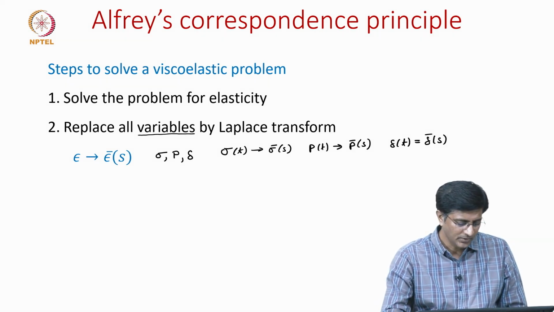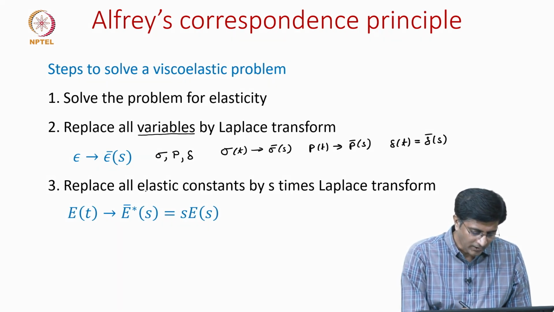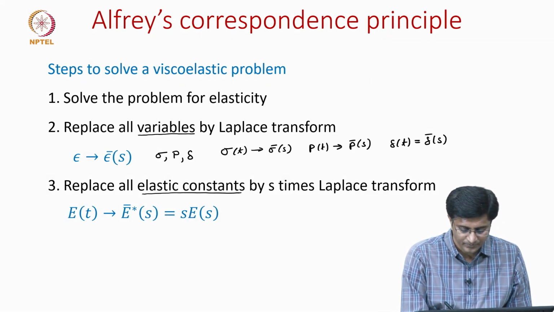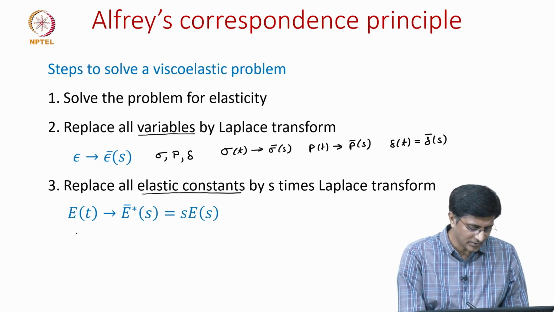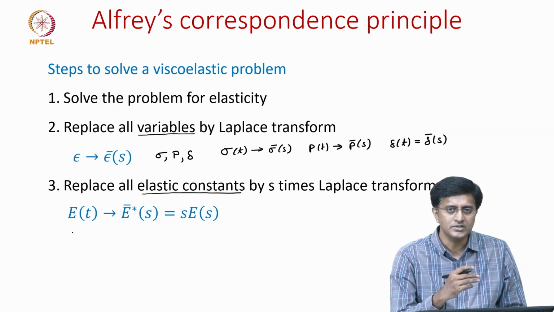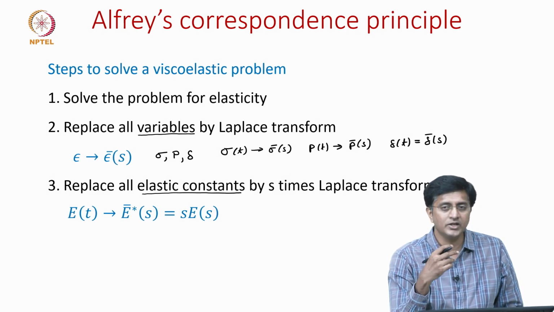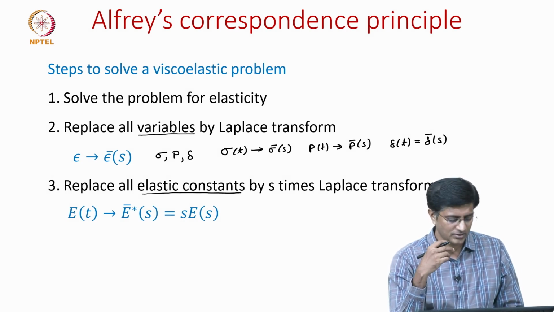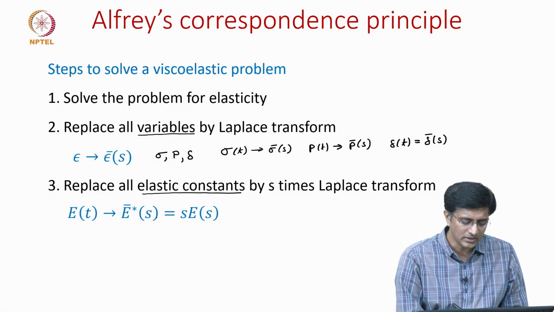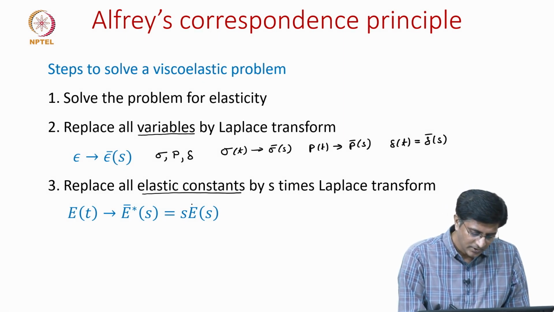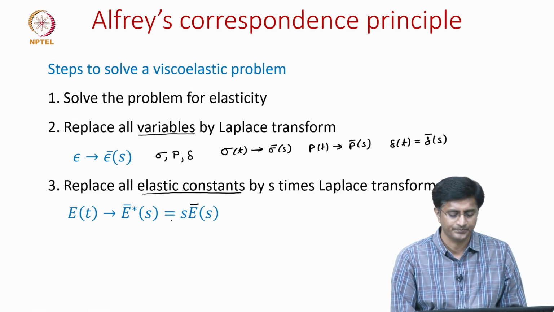In the third step, we replace all elastic constants with s times the Laplace transform. Here is one example: Young's modulus E is a material constant, or an elastic constant. We will replace this with E star, but what is E star? E star is s times E of s.